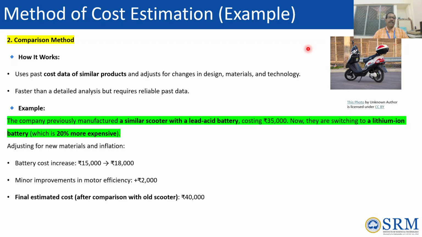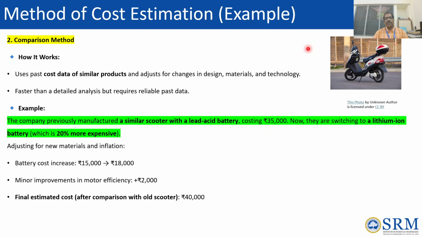Battery cost increases from 15,000 to 18,000 now, and there is a minor improvement in motor efficiency, because for the previous vehicle they might have received some feedback from customers, or in the industry itself they know to upgrade the motor performance. That improvement won't come free of cost, it comes with its own cost.